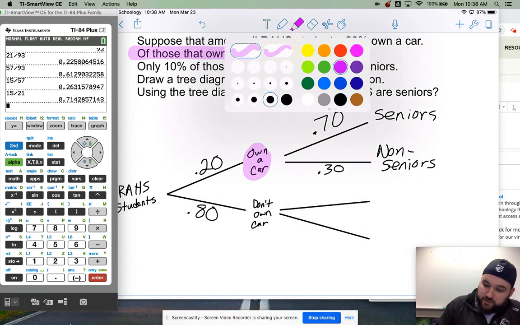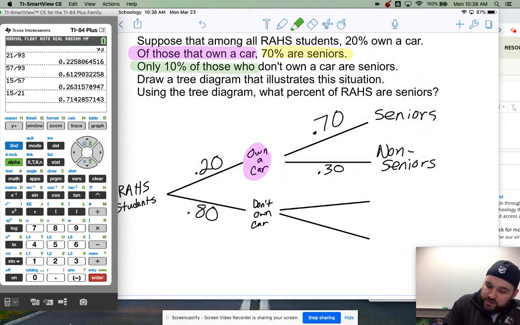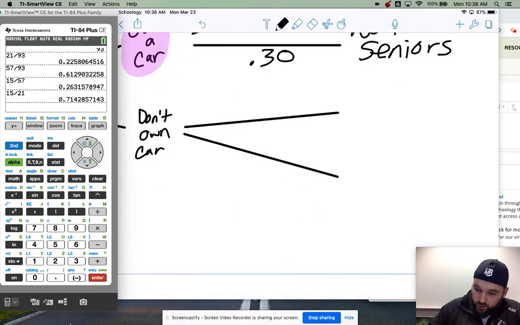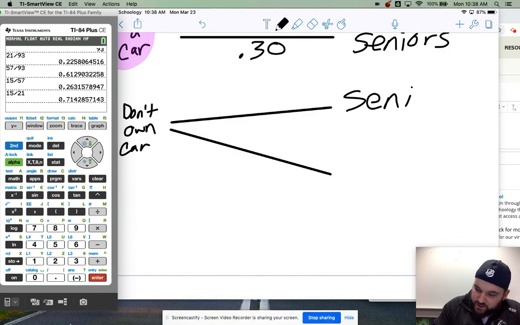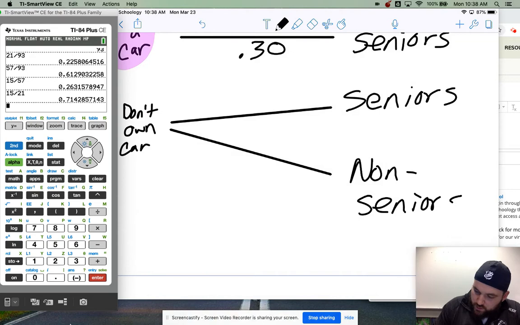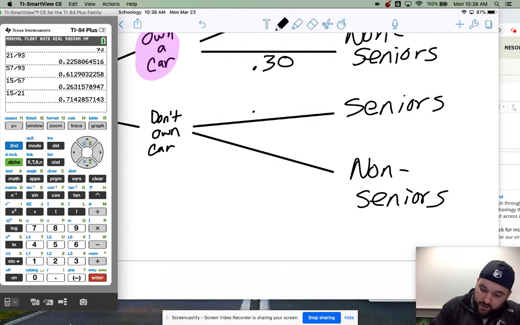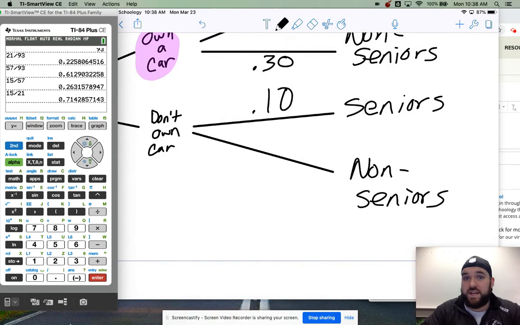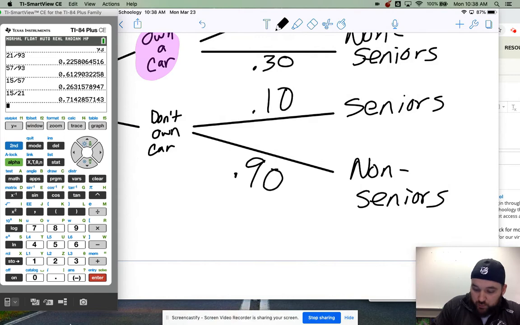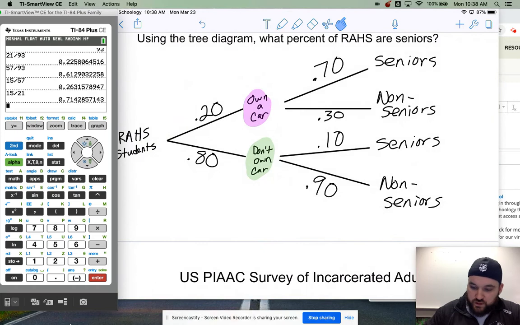The next statement here says only 10% of those who don't own a car are seniors. So of all the people who don't own a car, they are also split into seniors and non-seniors. Because there are so many freshmen, sophomores, and juniors that don't have their license, the people who don't own a car, that's why it's such a small number of seniors. So only 10% of the non-car owners are seniors because there's such an overwhelming number of freshmen, sophomores, and juniors that don't own a car.